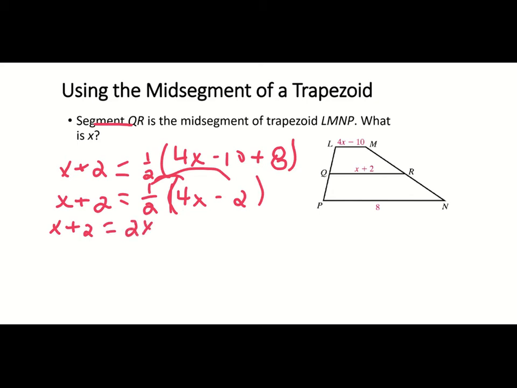Half of 2 is 1, so 2x minus 1. Now we're going to solve for x, so I will subtract x from both sides. So I get 2 is equal to x minus 1. Add 1 to both sides, so x is going to be equal to 3. My value of x is 3.